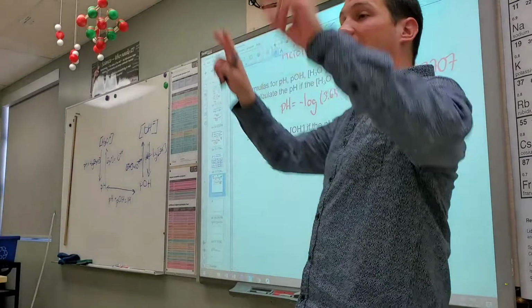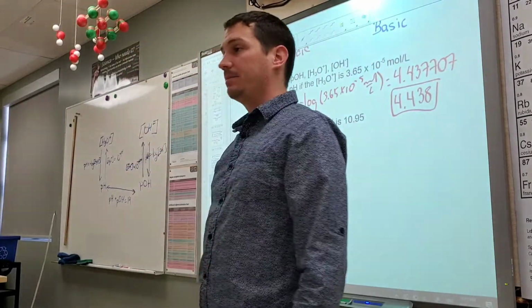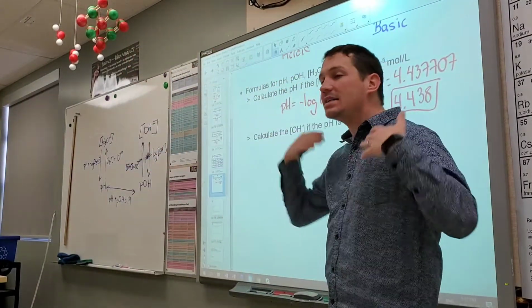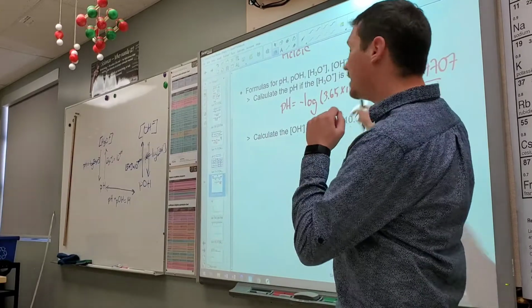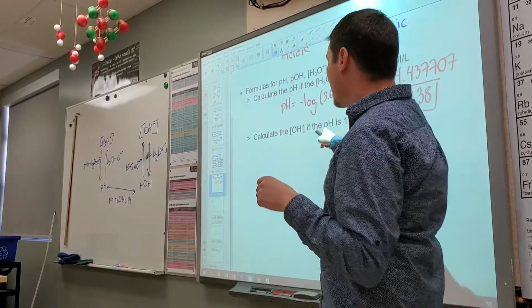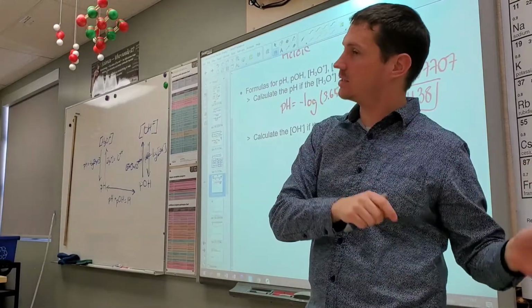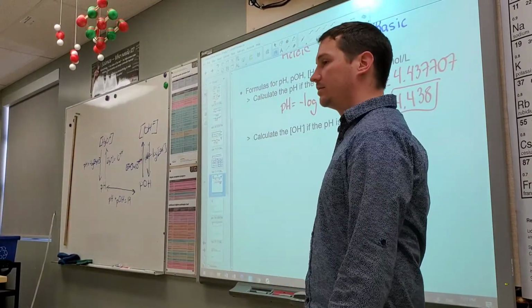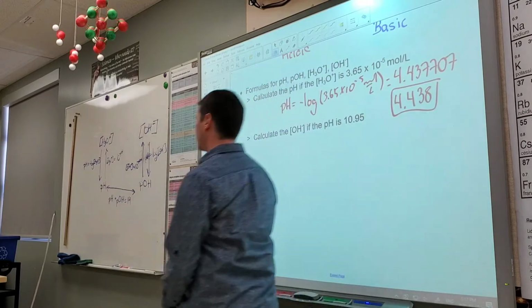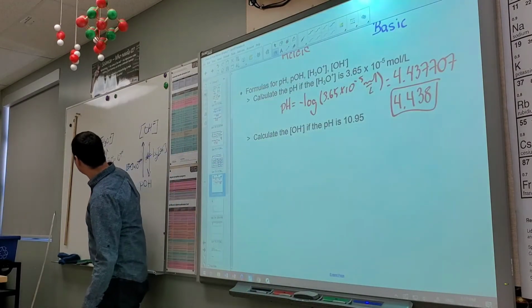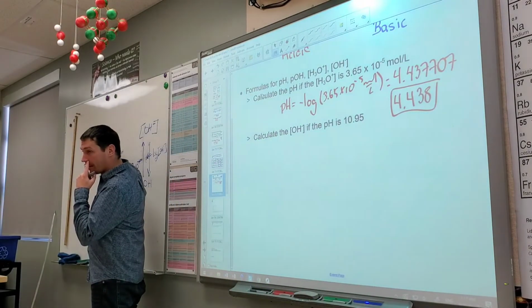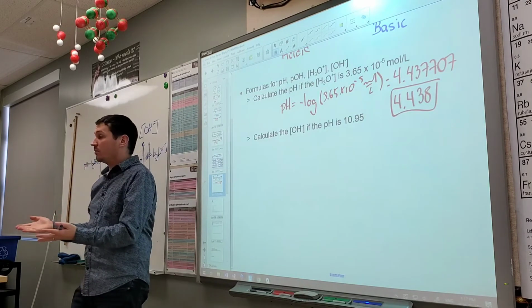pH, is that acidic or basic? I'm not saying is this acidic or basic. Is the pH a measure of the acidity or the basicity? The acidity. It's a measure of the hydronium, right?